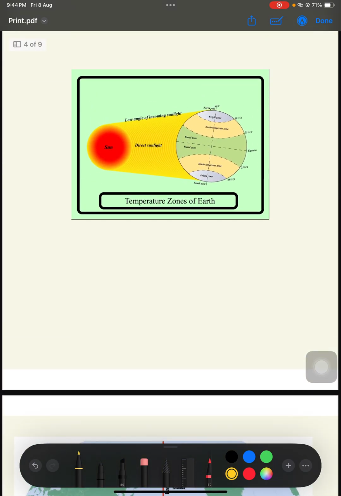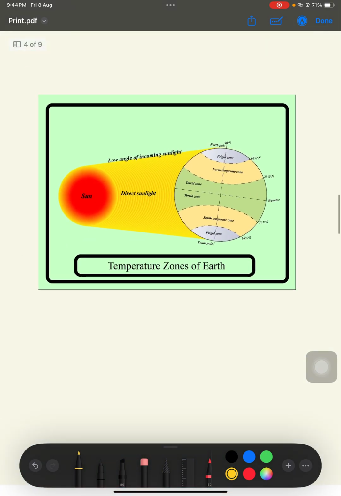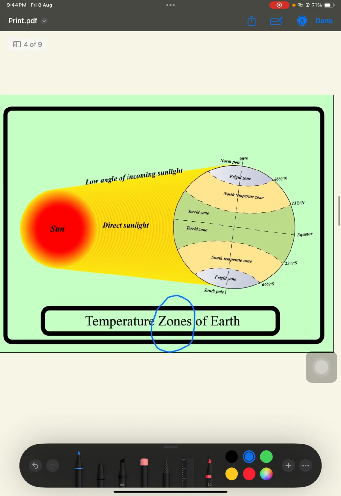Next one is zones of earth. There are 3 zones on our earth. They are, see here, torrid zone, temperate zone and frigid zone.